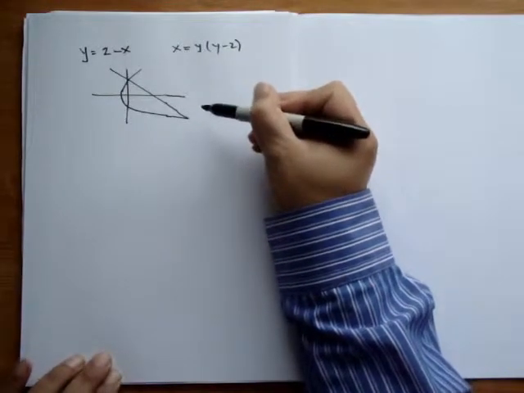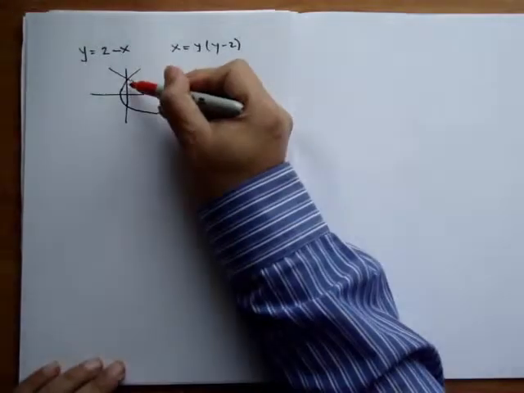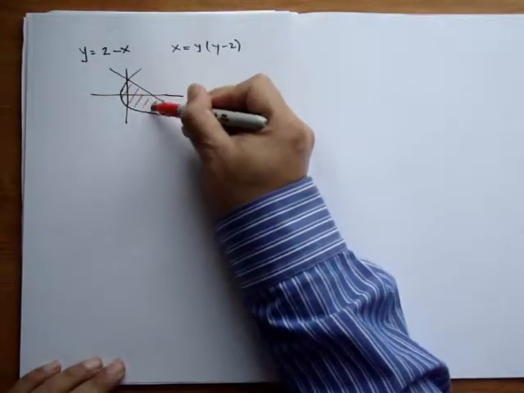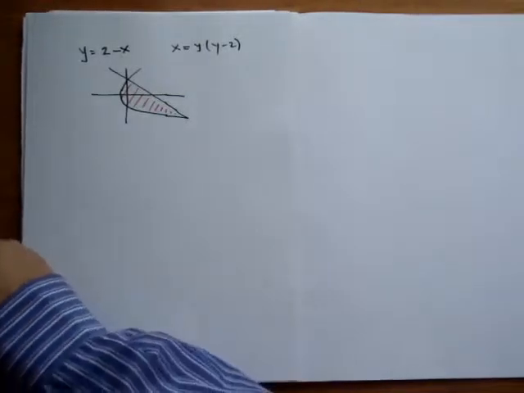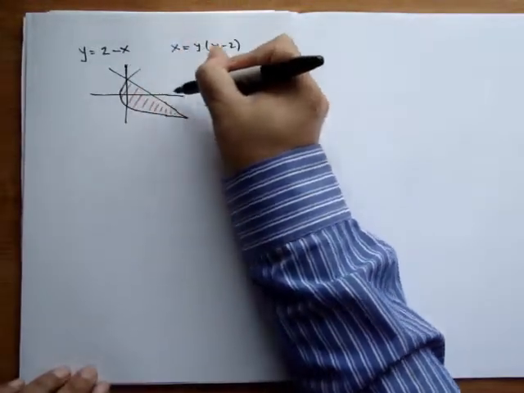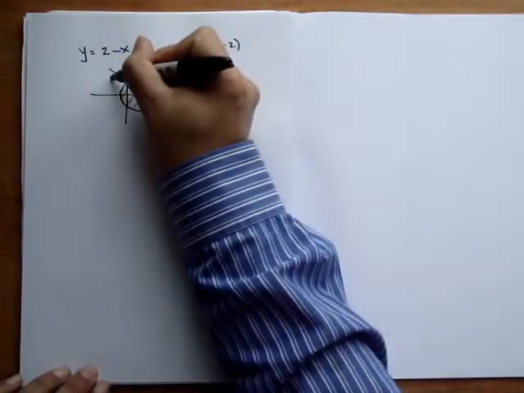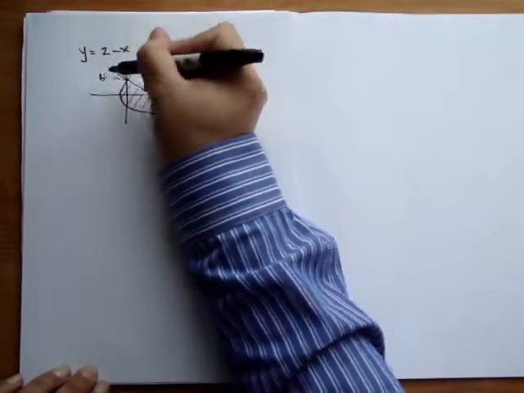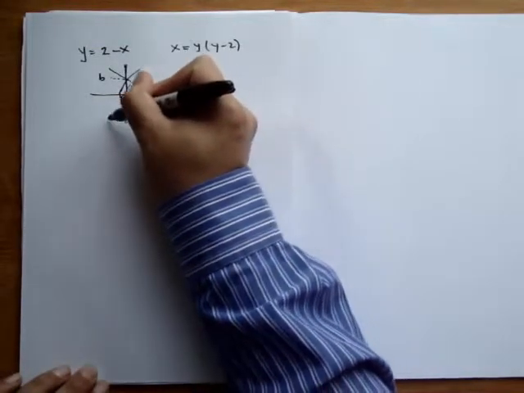So something like that, and we're interested in this area here. This is our y, this is our x. The points we're interested in are intersection points B and this intersection point A.